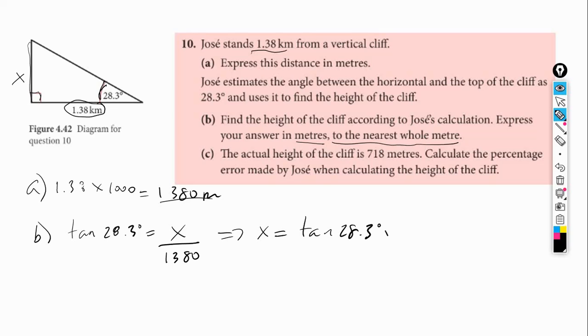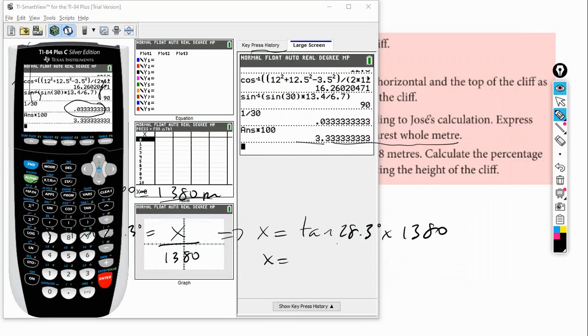Therefore, we can say that x is equal to tangent of 28.3 degrees times 1,380. So we will use the calculator to find this. And we have to round it to the nearest whole meter. So let's see what we get there. So this is going to be tangent of 28.3.